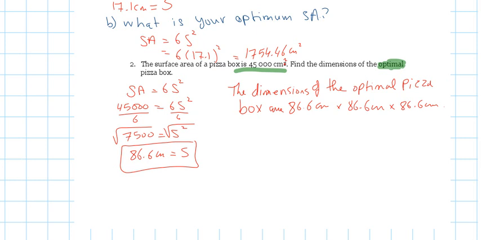Again, I can add to this and I can ask you what are you trying to optimize here? So you found these dimensions to optimize what? You're going to optimize volume, right? If they give you the surface area, then you're optimizing the other one, okay? So I can add to this question, what would be your optimum volume?